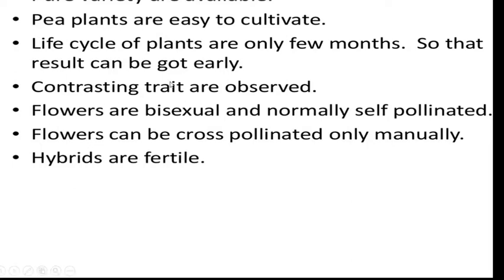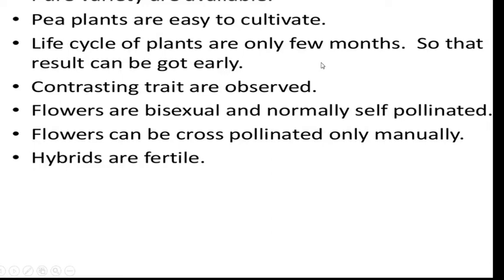Here one thing you should see: human beings, to complete their life cycle, take years together, whereas a pea plant takes only about 3 to 4 months to complete one life cycle. That's why the life cycle of plants is only a few months.